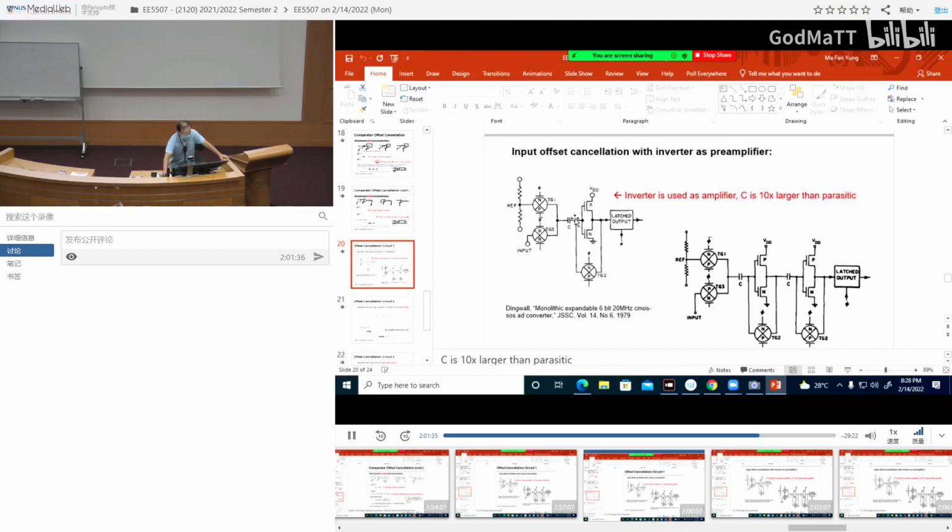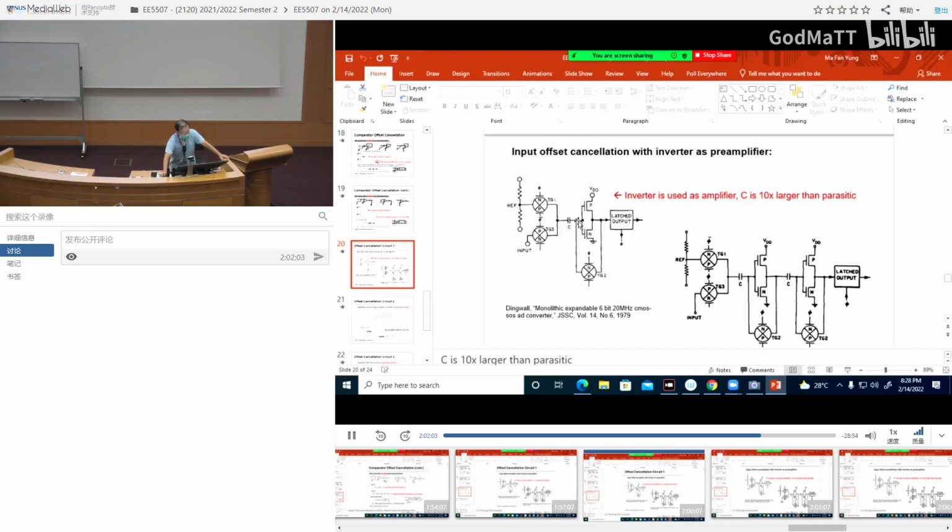At the same time this is closed. So what is stored across this capacitor is the high gain voltage of the inverter on this side, and the reference on this side.